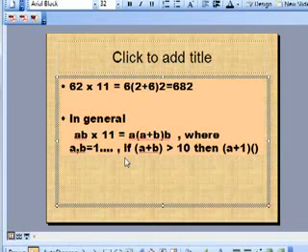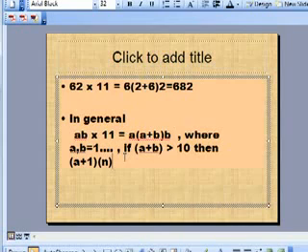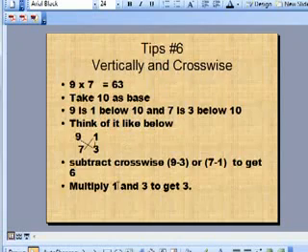Say a plus b results in a small n, then n, and then b. Okay, so just add that.